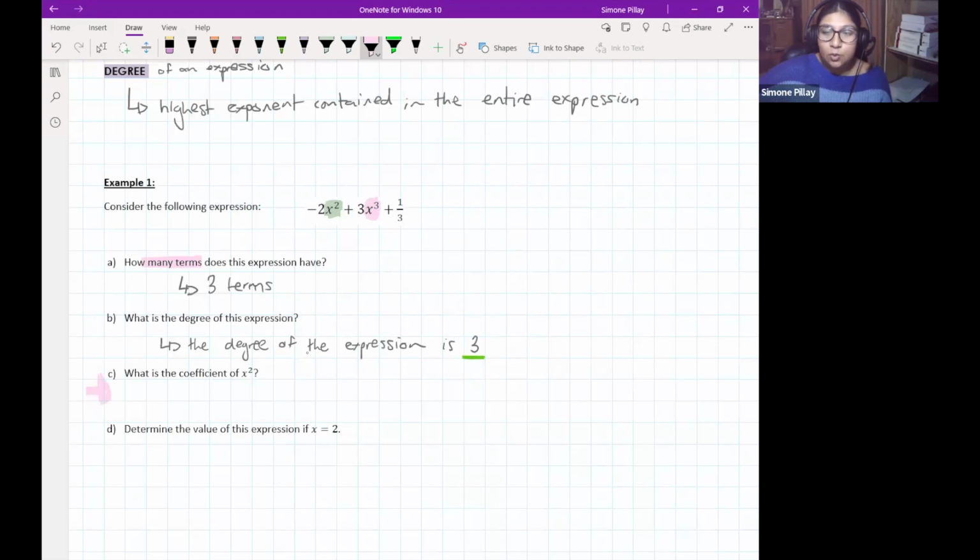Because this question wants to know what is the coefficient of x squared, not x cubed. So we pay attention to the variable that we pick, and then my coefficient is just the number in front of it. And so my answer there is -2, and all of you have put in the correct answer there, so thank you for that.